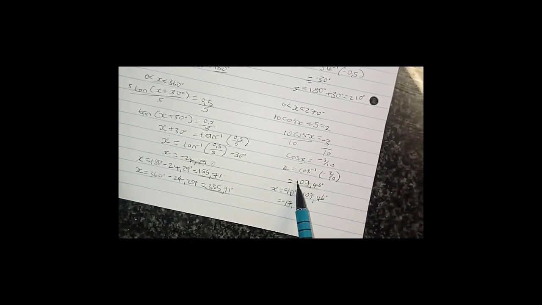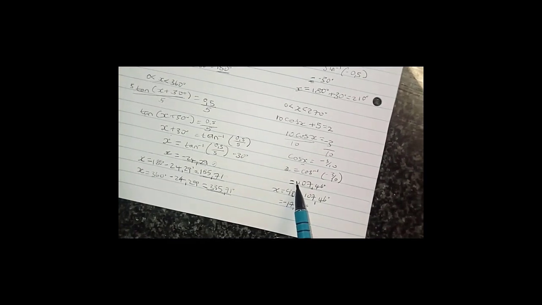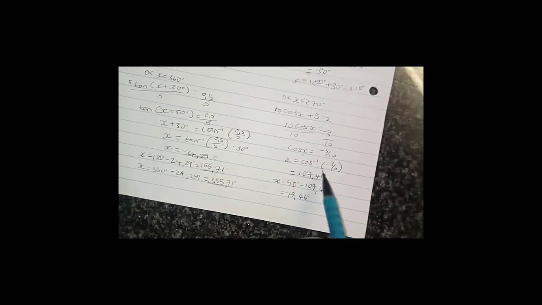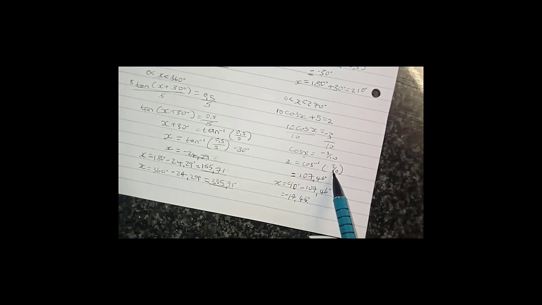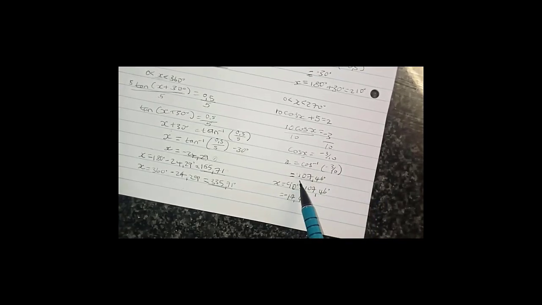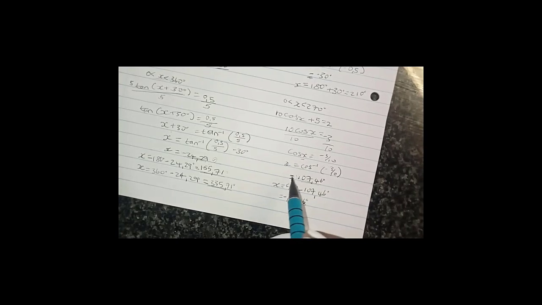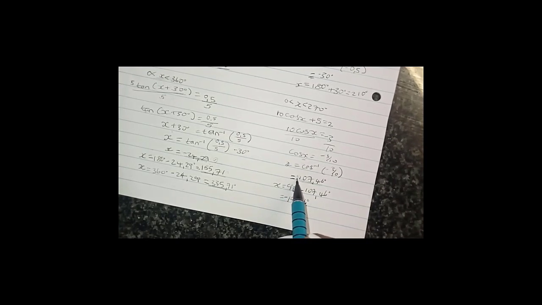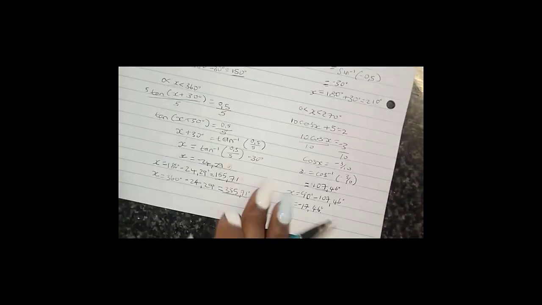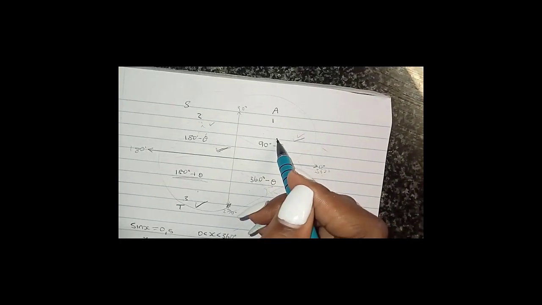So it's important to look at the sign of the reference angle. As you can see here, when we did our calculations, we were left with shift of cos of a negative number. But once we put that in the calculator, our reference angle is positive. So we have to work with the sign of this positive angle. And this positive angle and the restriction led us to this quadrant.